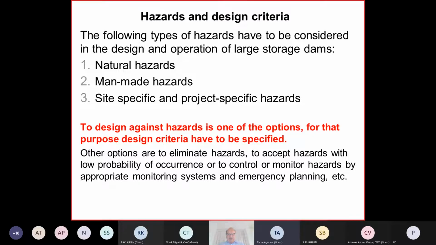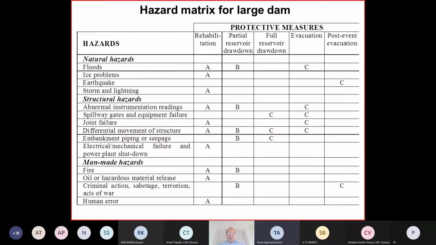As I've said, we can design against these hazards, but we can also take other options, and designing against hazards is not always, of course, the most economical way if there are other alternatives. So we should never forget about that.